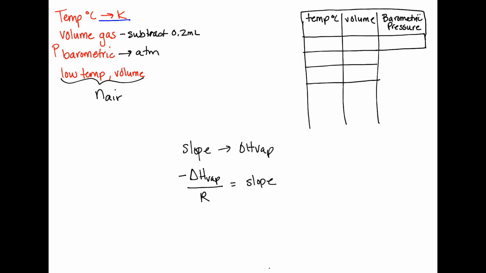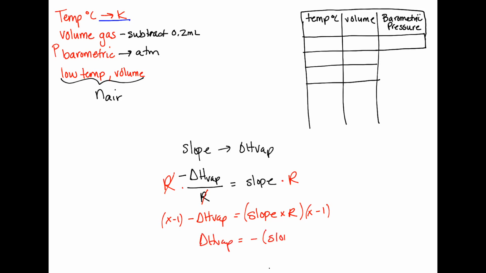If we're trying to solve for the delta H of vaporization, the first thing that we're going to do is multiply both sides by R so that those cancel out, and you would get the negative delta H of vaporization equals the slope times R. And then you just want to move the negative to the other side. So you're basically multiplying both sides by -1, and so you would get the delta H of vaporization equals the negative slope times R. All right, so that's how you're going to use your slope to find the delta H of vaporization.